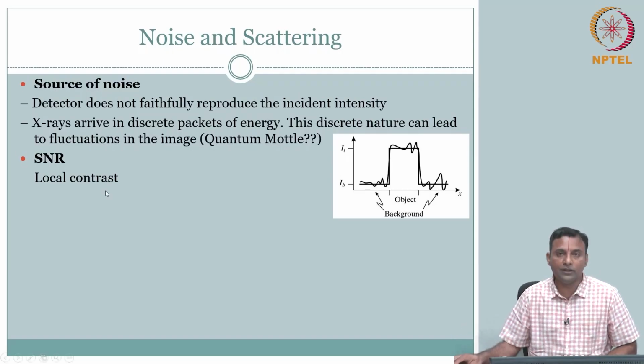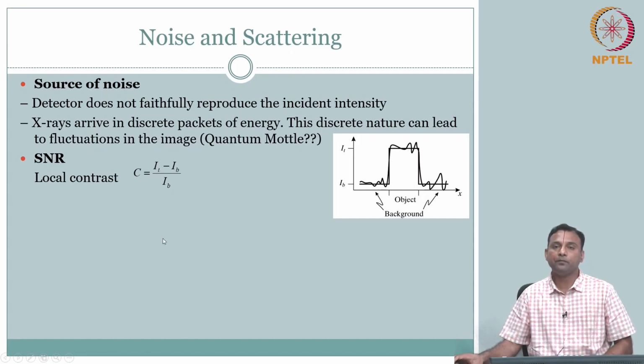Whereas here, if you notice, our signal, we are defining it as how much the target can be seen compared to the background. So our signal is the difference between your target and background. You are defining your signal in terms of local contrast. Local contrast is IT minus IB by IB. So your signal is defined in these terms.